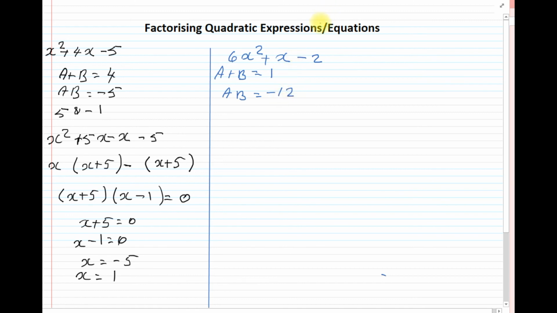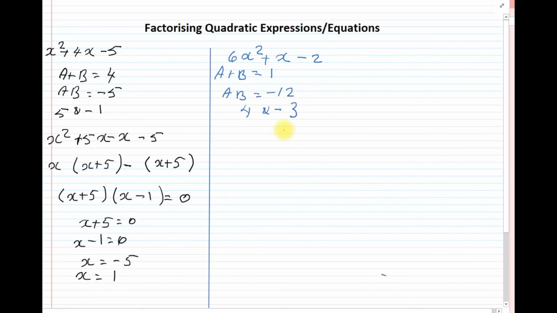With a little bit of trial and error, we realize that it's 4 and minus 3, because 4 plus minus 3 is plus 1, and 4 times minus 3 is minus 12, which is the 6 times minus 2.